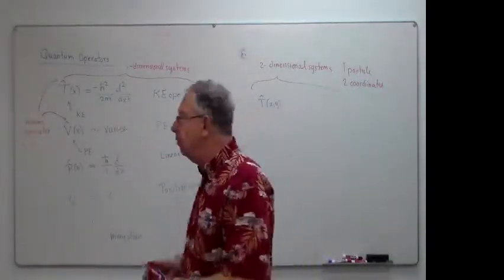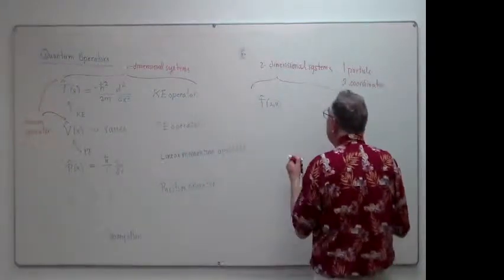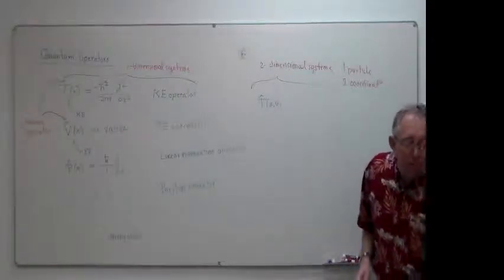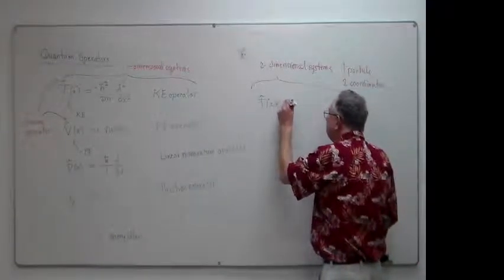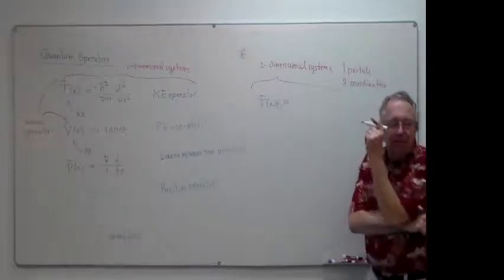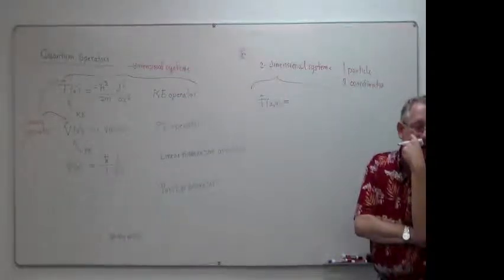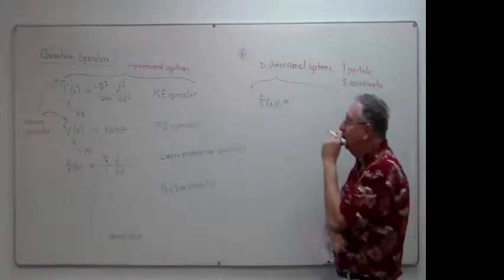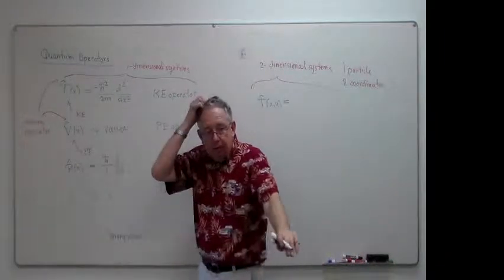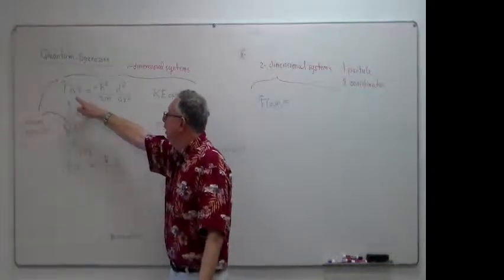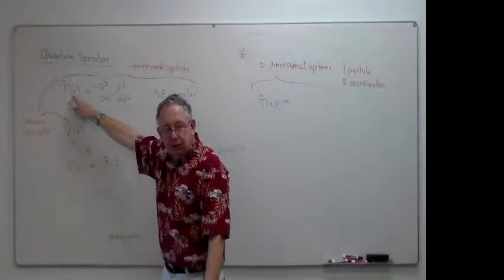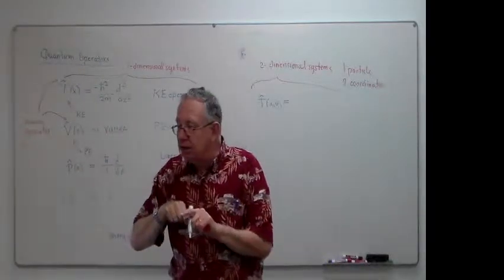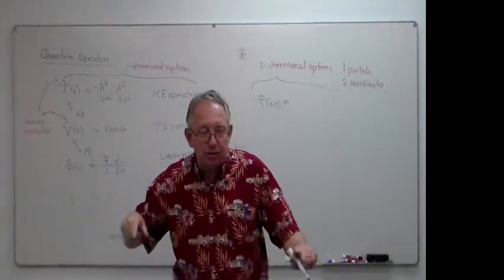Okay, so how would we write this two-dimensional kinetic energy operator? Or square that whole thing? No, not an unreasonable guess, but there's the kinetic energy in the x direction.